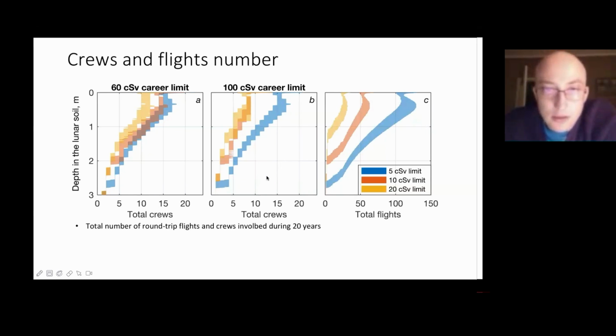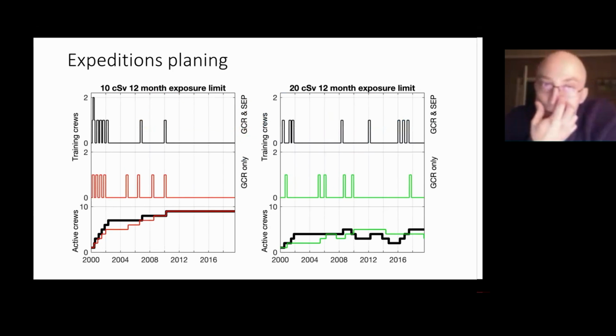Depending on the regulation of the exposure, you can calculate the required number of crews during these 20 years, and you can estimate the number of flights. If we go a little bit more into detail, we can assess the number of crews we need at the moment.